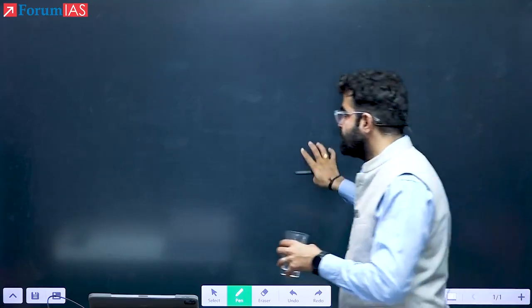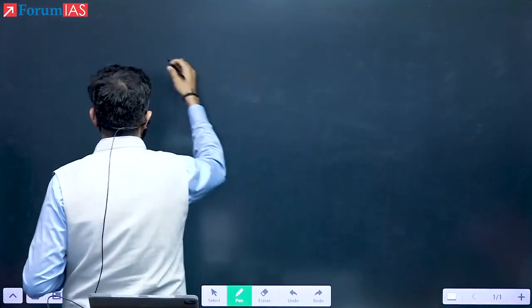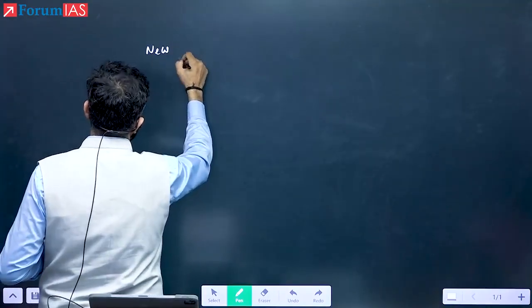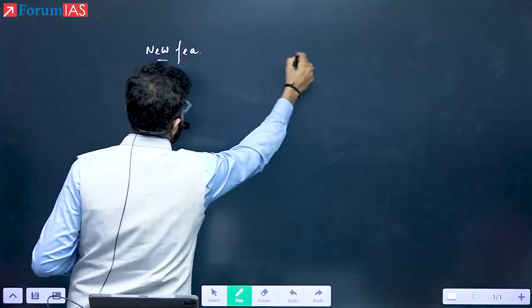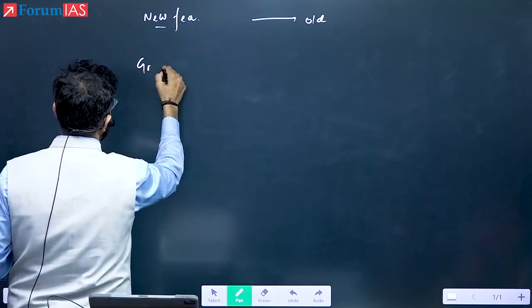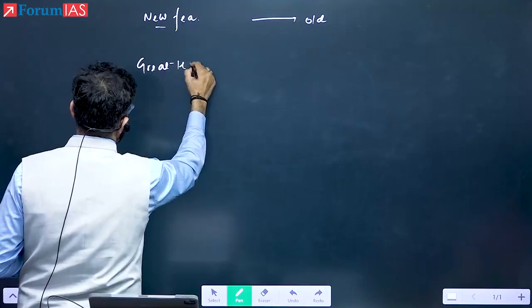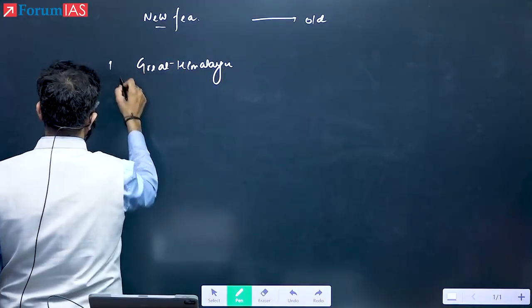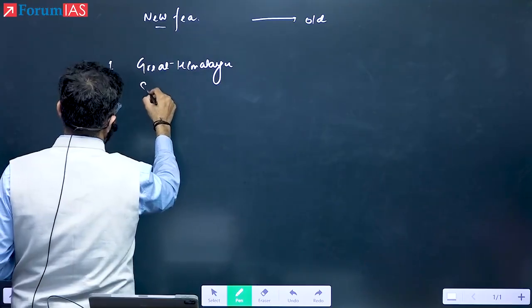Okay? So if I arrange these features from newest to oldest, can you help me? New features and the oldest features. New to old I am arranging. Now tell me: Great Himalaya, number one. Number two, let's say Shivaliks.